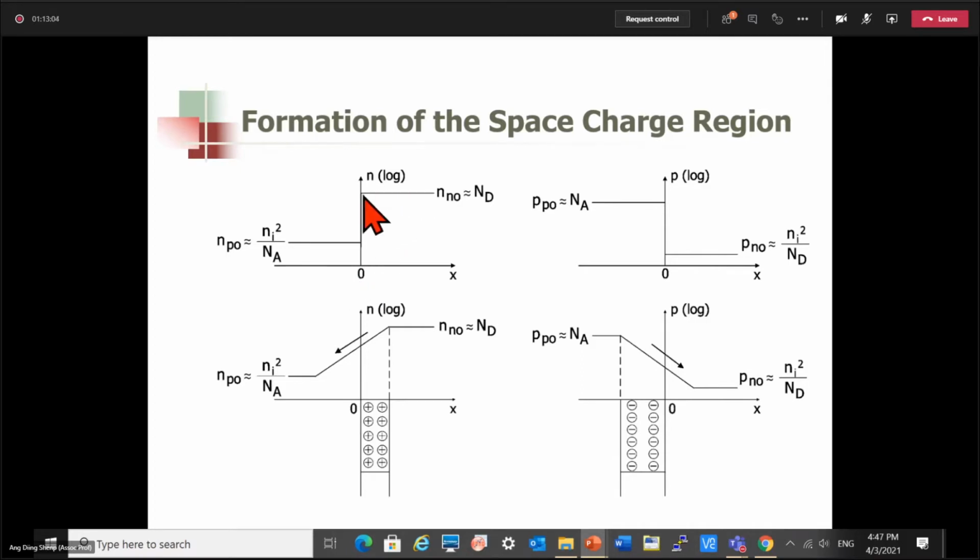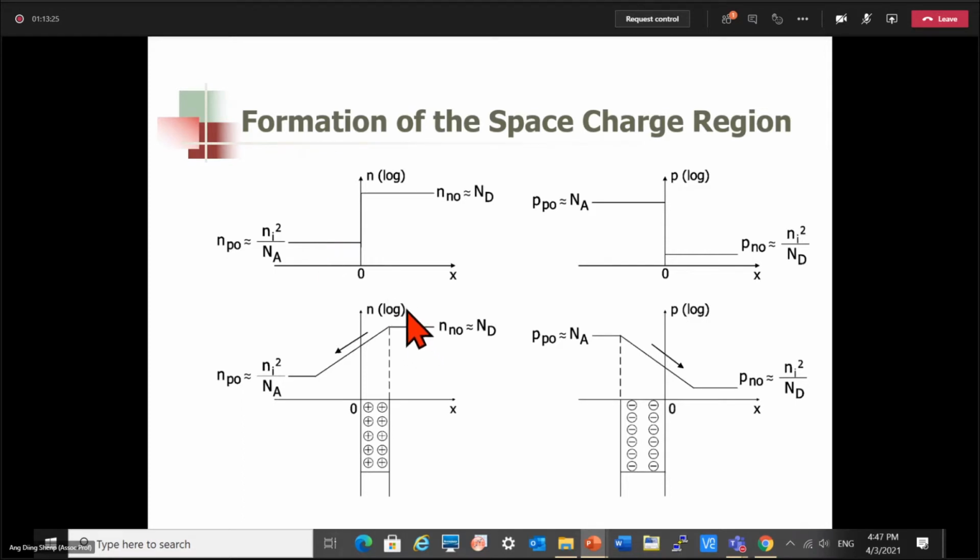When you have a concentration gradient, what will happen next is that the carriers would diffuse as a result of the concentration gradient. So the electrons in this case would diffuse from the region having a higher concentration towards the P side, having a lower concentration of electrons.